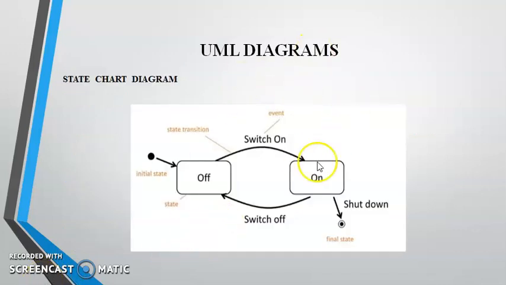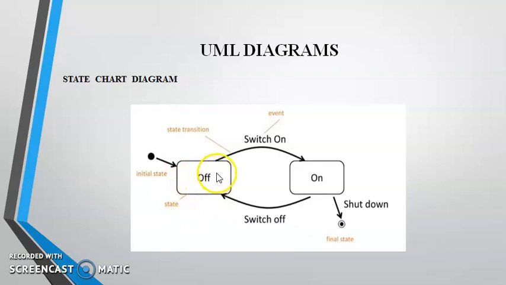Here we see the state chart diagram. This is a state chart diagram for switching on and off. Okay. So, initial state is represented by a circle with a mark, and first the initial state is given to off state.